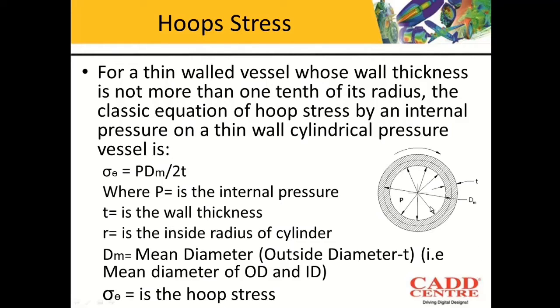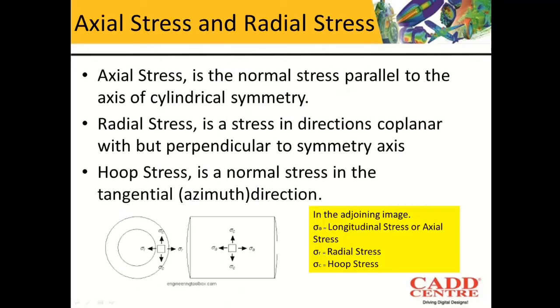Now if you look at the diagram, the hoop stress generally acts in the tangential direction. Please understand that axial stress is the normal stress parallel to the axis of cylindrical symmetry. So if this is your pressure vessel and this is the central axis, the stress in the normal direction will be the axial stress. Radial stress is the stress in the directions coplanar with but perpendicular to the symmetry axis.